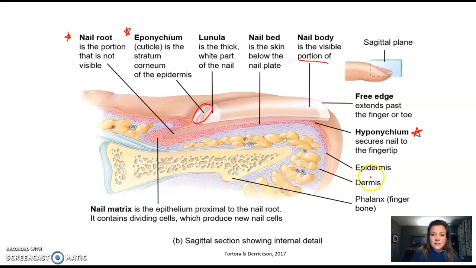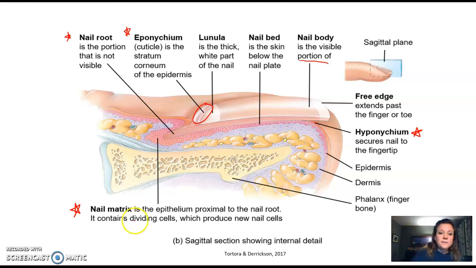And then, of course, in this diagram, you can see the relationship between the portions of the nail to that of the dermis and the epidermis and the bone of the finger itself. Now, the nail matrix is a really important part, and this is the epithelium that is proximal to the nail root.